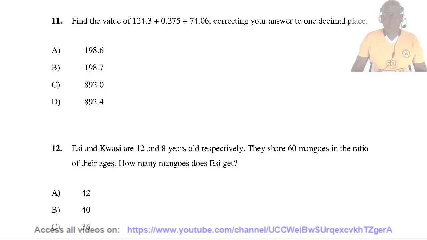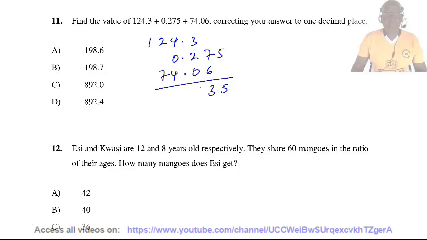That is 124.3, then 0.275, then 74.06. 5, 13, 3 carry 1, 6, 8, 9. To one decimal place is going to be equal to 198.6. So the answer is A.